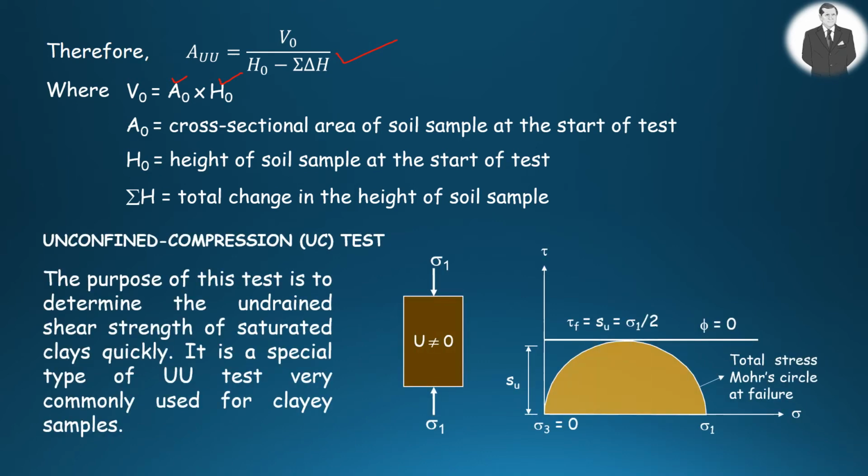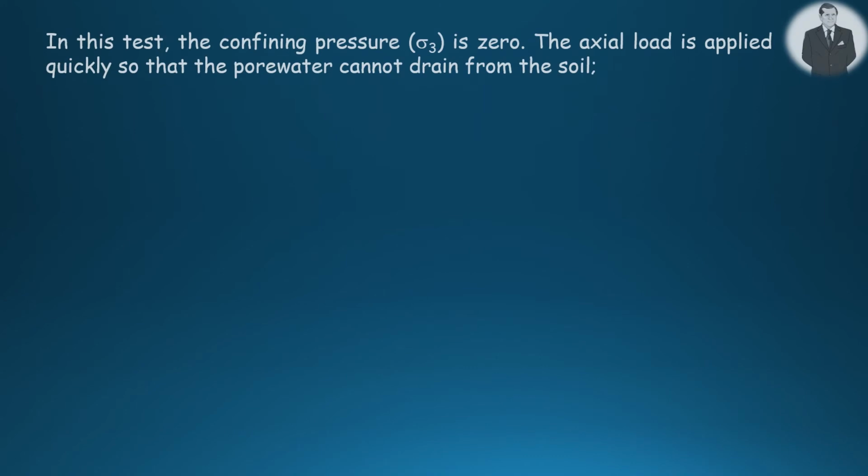The objective of unconfined compression test is to work out the undrained shear strength of saturated clays quickly. It is a special type of undrained unconsolidated test and generally used for clay samples. In this test, the all-round pressure is 0.